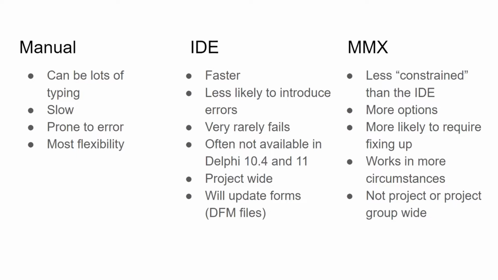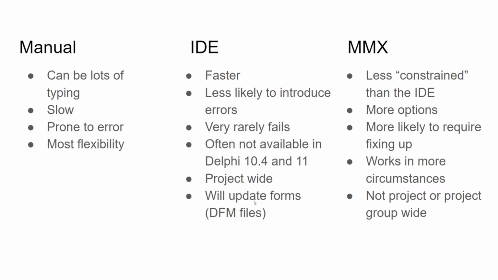With some previous versions, some of the XE versions of Delphi, I had noticed it missing parameters and local variables occasionally, but lately it's been pretty good. It also works project-wide. So if you rename a public method, it will search the entire project for where that method is used and update all those instances, which is really handy.